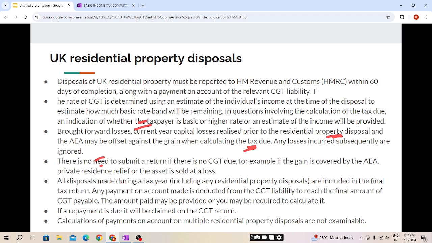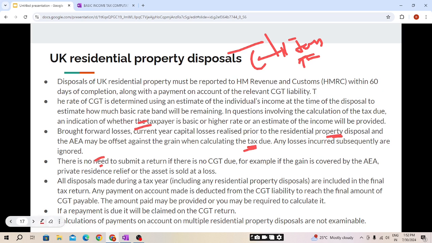So students, let's take an example: if we dispose of the residential property on 1st Jan, then up to 1st Jan, whatever brought forward losses and capital losses there are, you can offset them. I hope this is clear.